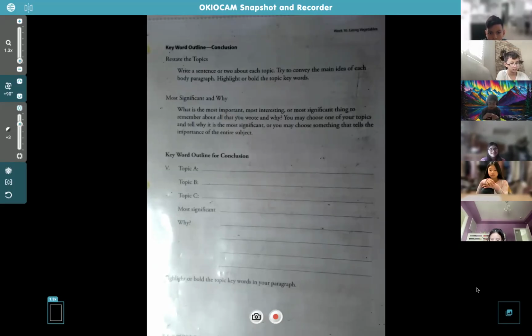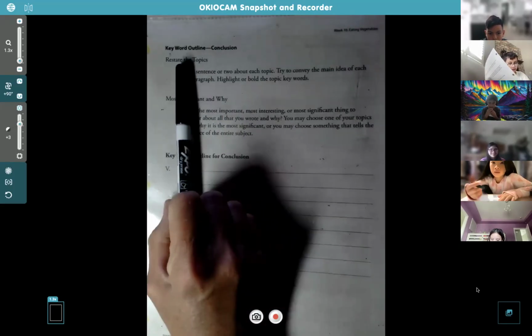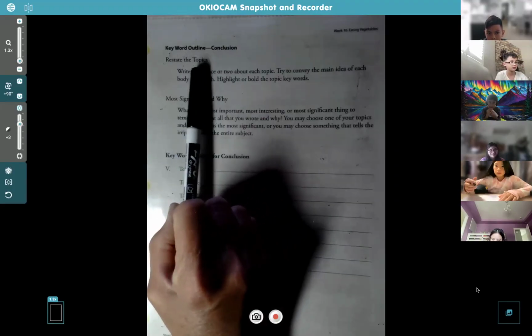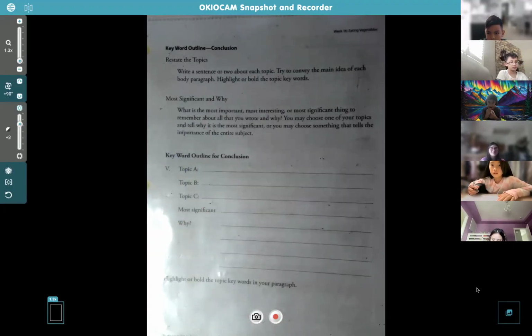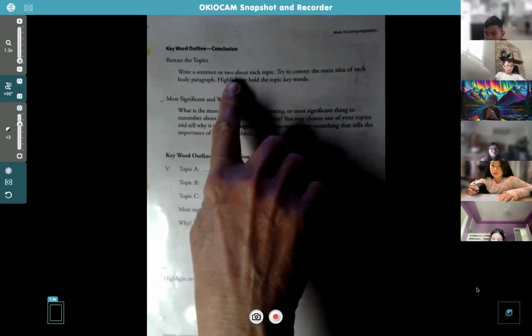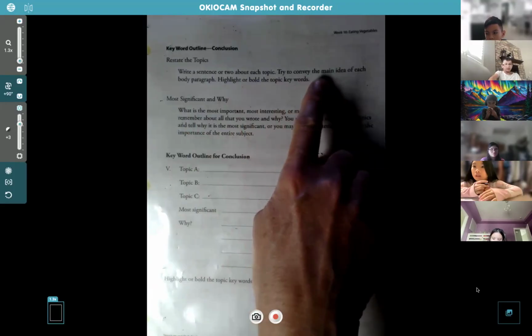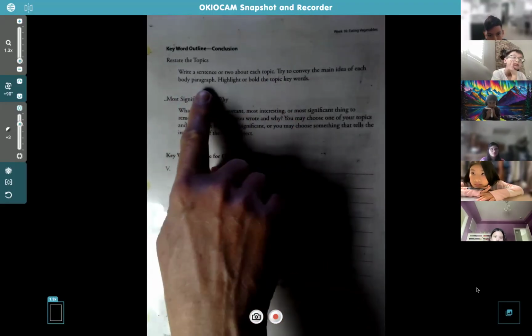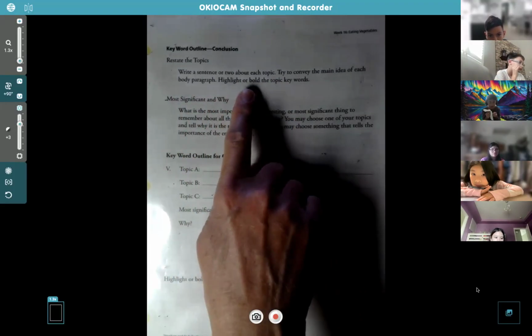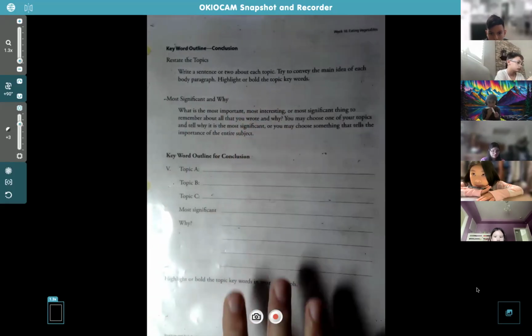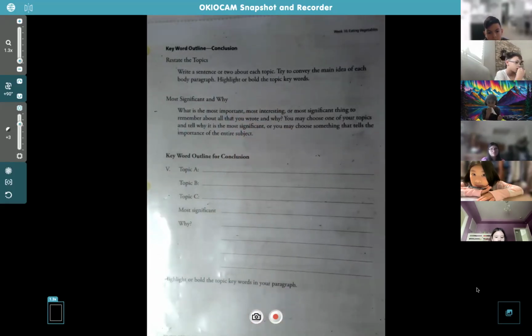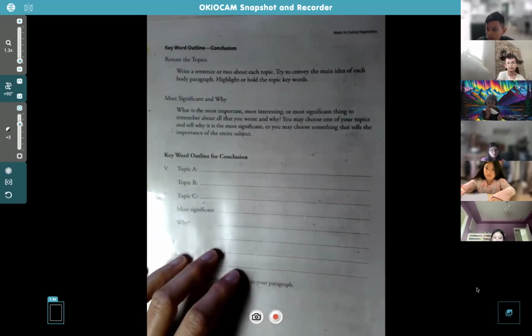Okay, so it says at the very top here, restate the topics. Write a sentence or two about each topic. Try to convey the main idea of each body paragraph. Highlight or bold the topic key words. So the first thing I want you to do on this page, you have a little bit of space at the very top of this page.